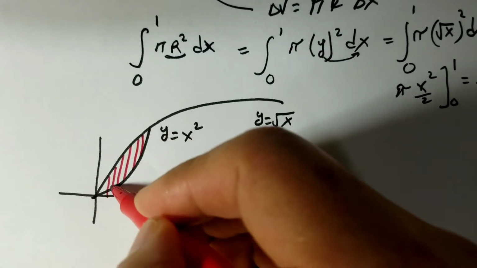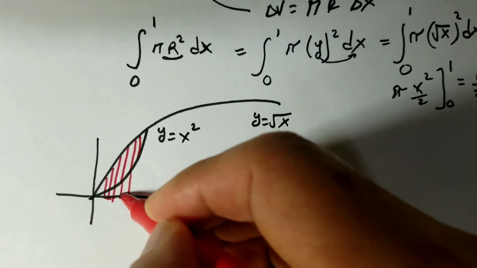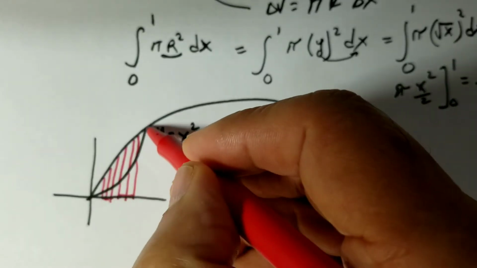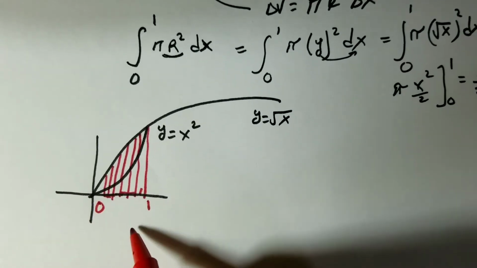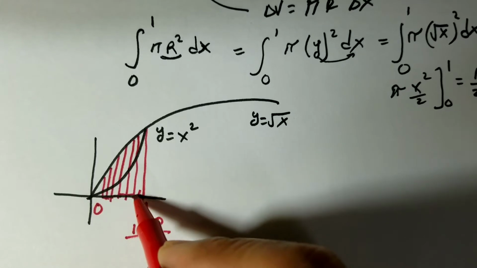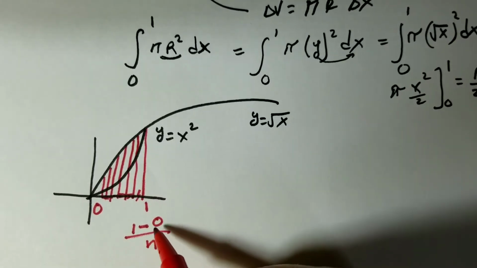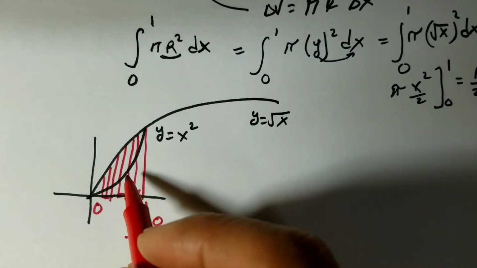These are all delta x, and all of them are the same, and basically this is from 0 to 1, b minus a over n. You divide it into so many rectangles, and that could be 10, 20, 30, 40, 50.